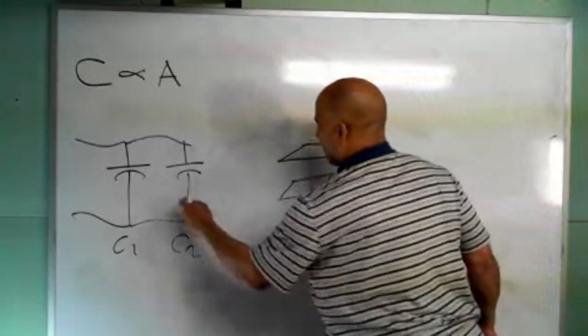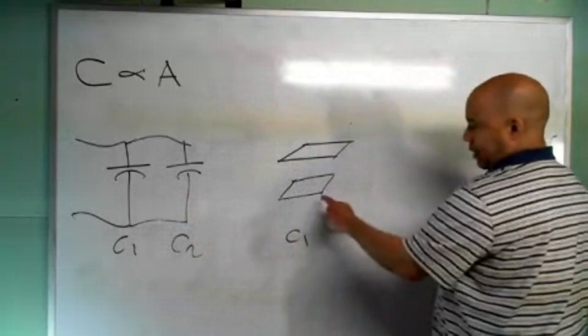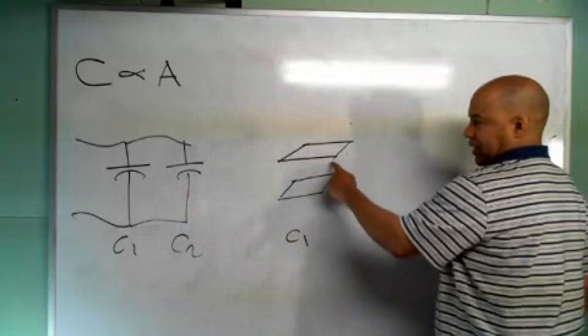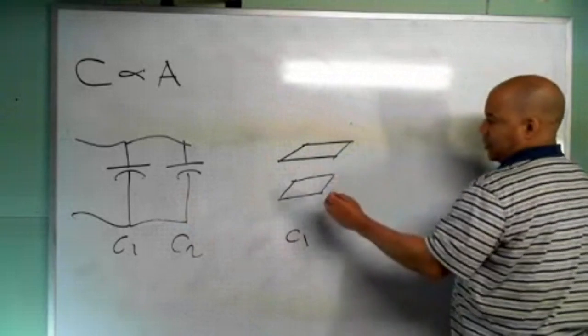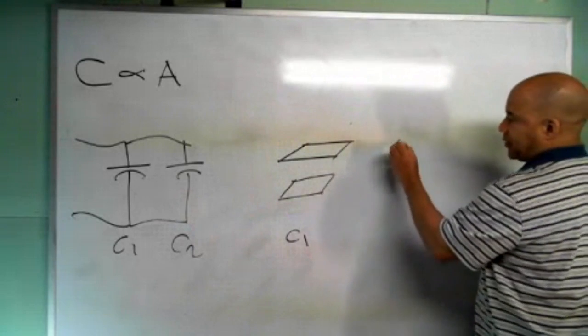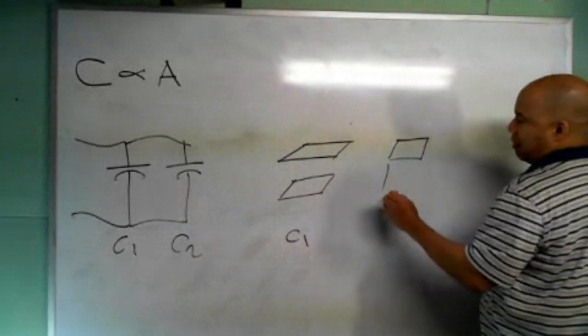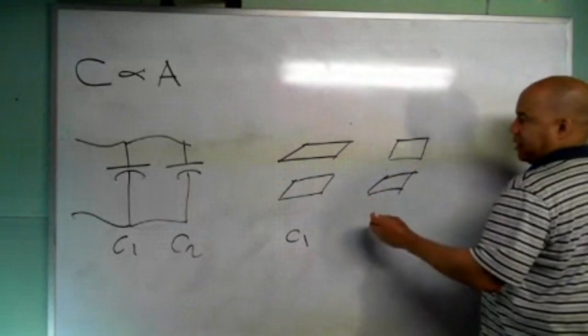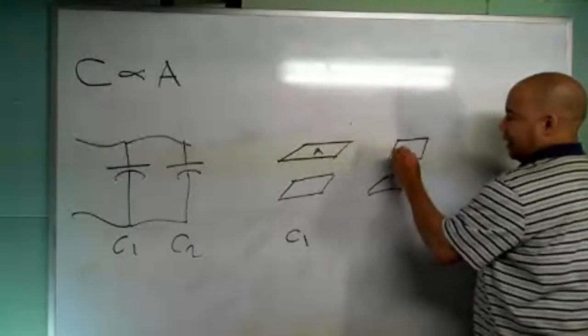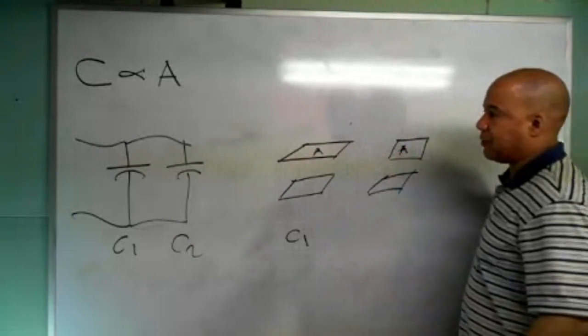So this first capacitor, C1, has plates, and in between there's a dielectric, though I'm not showing it. And this is C2. Let's say the area of this and the area of this are the same, just to make it easy.